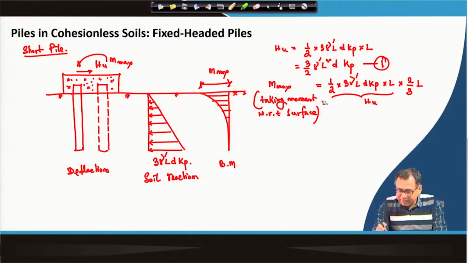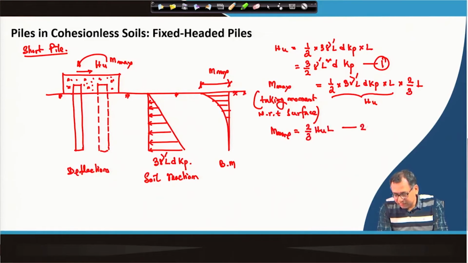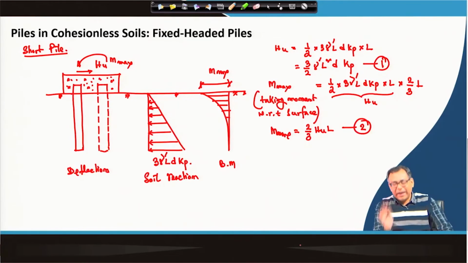So, I can write that M max will be equal to 2/3 of Hu into L. So, we have calculated Hu by using equation 1, and we will calculate the maximum moment using equation 2, and you have to check whether the maximum moment is within the yield moment or not.